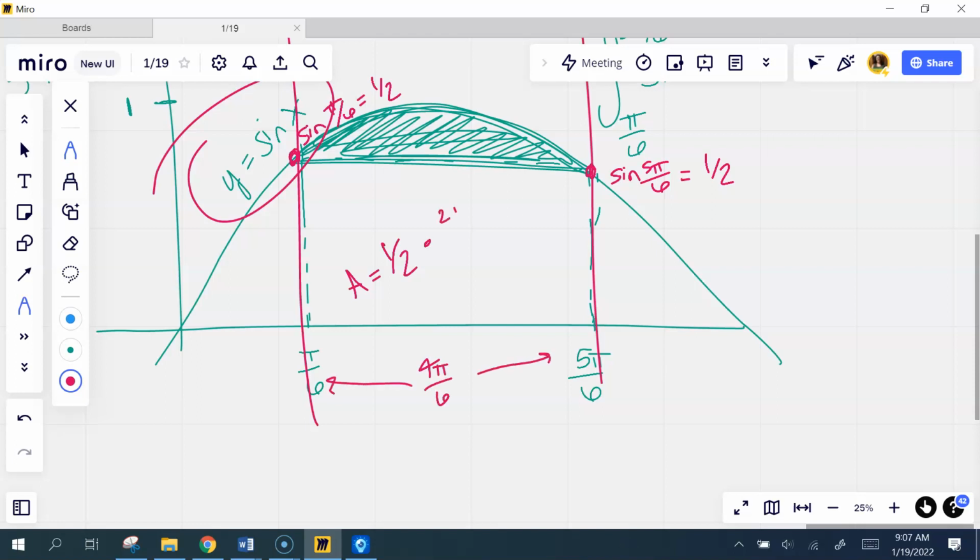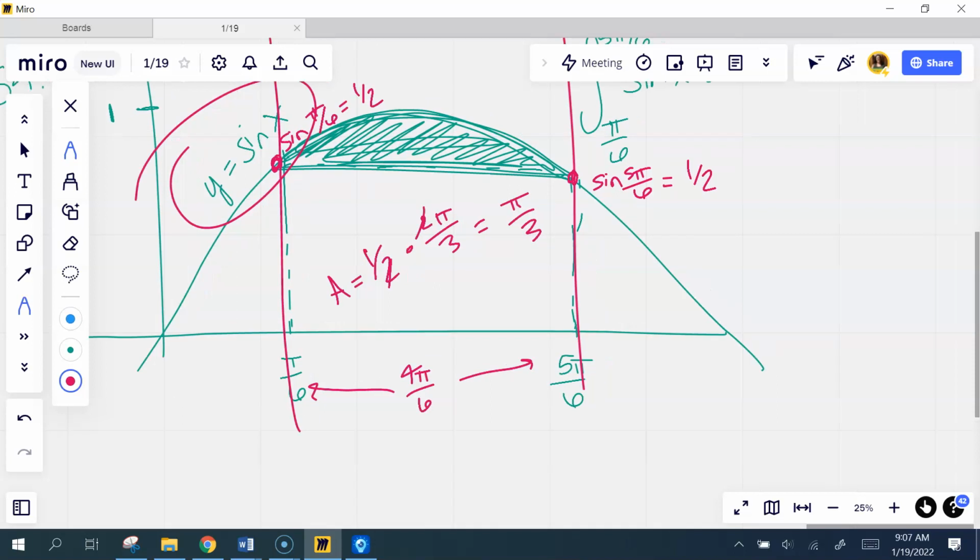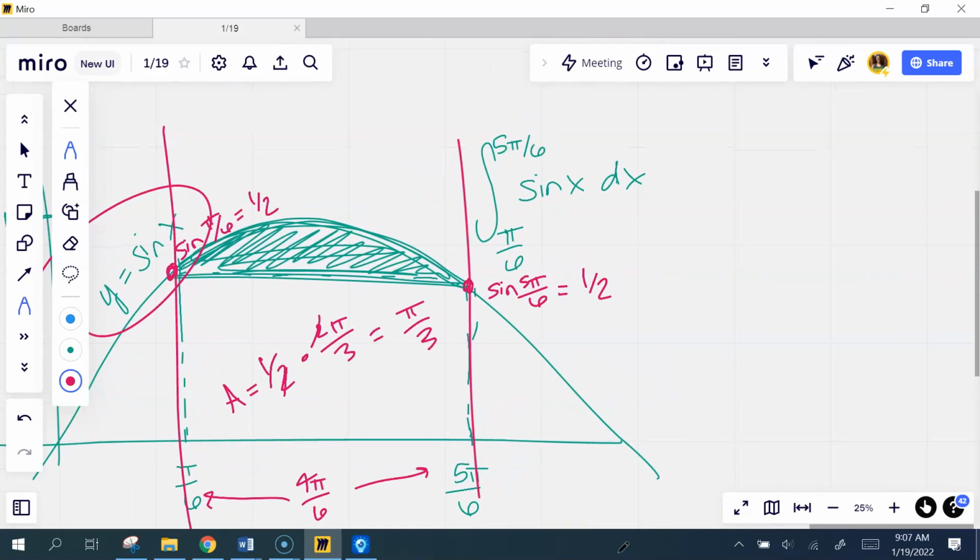So 2 pi over 3. So this area is pi over 3. You agree? So I'm going to do the integral from pi over 6 to 5 pi over 6, but I'm going to subtract out pi over 3 when I'm done to subtract out that big rectangle there.